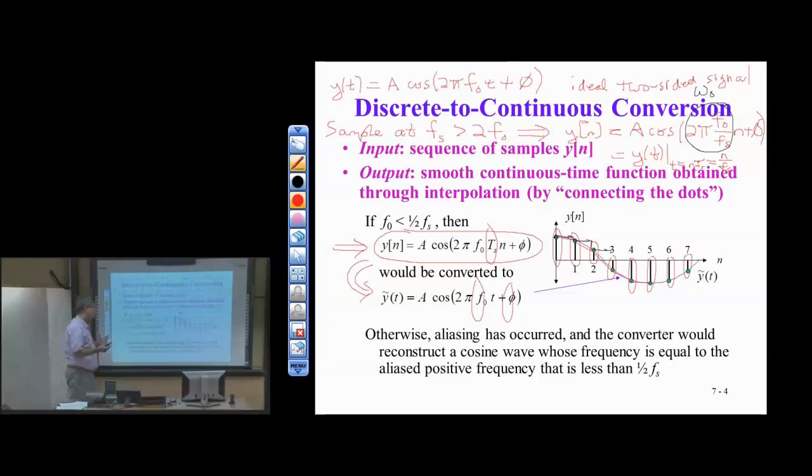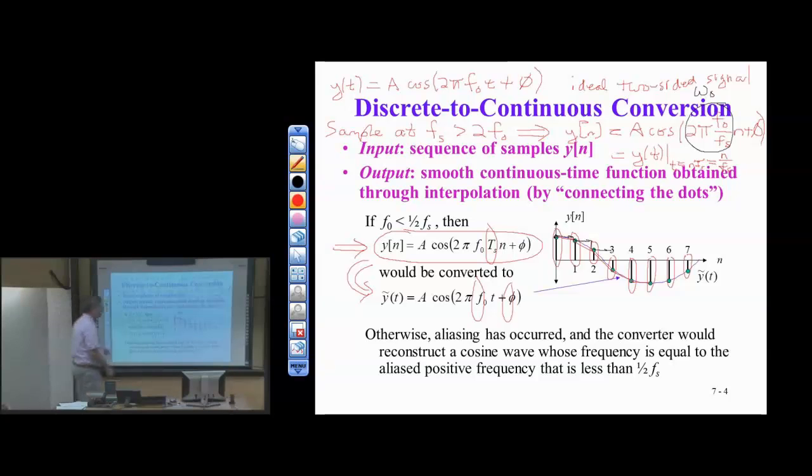Okay, what we'd like to do is come up with a way to get back to our original cosine if we can. And the way that we can do that ideally, we'll see shortly, is to use a sinc pulse that ideally, again, this is going to be idealism, is two-sided. So we can't build that.